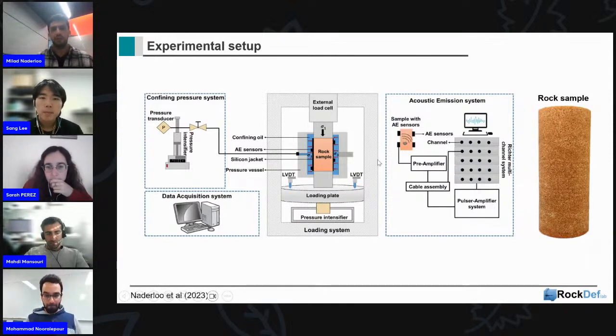One technique we use here is the acoustic emission technique, where we listen to all the micro earthquakes happening inside our rock, which can be inelastic deformation in the form of micro crack growth, pore collapse, or friction of the grains on each other. They produce waves. We listen to them by converting them to signals, and then we analyze how each event looks. So this is our experimental setup.